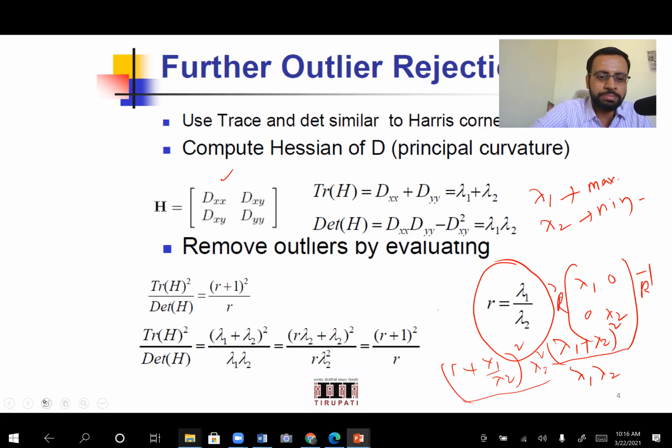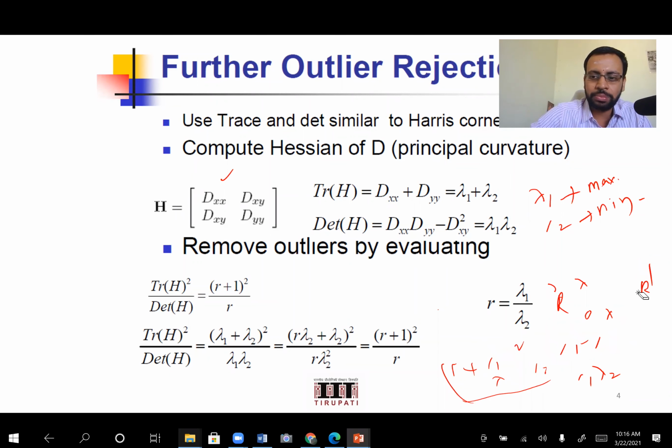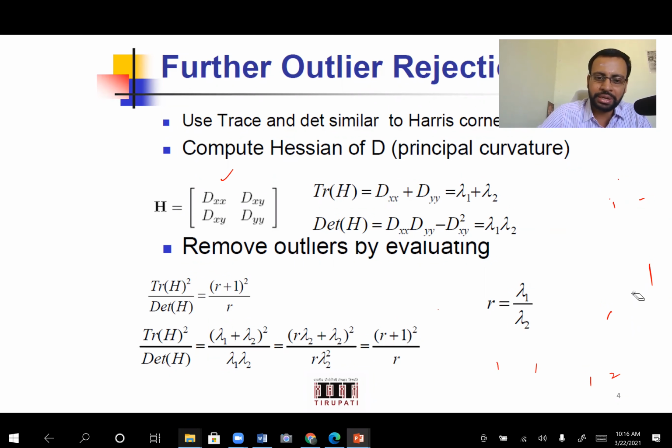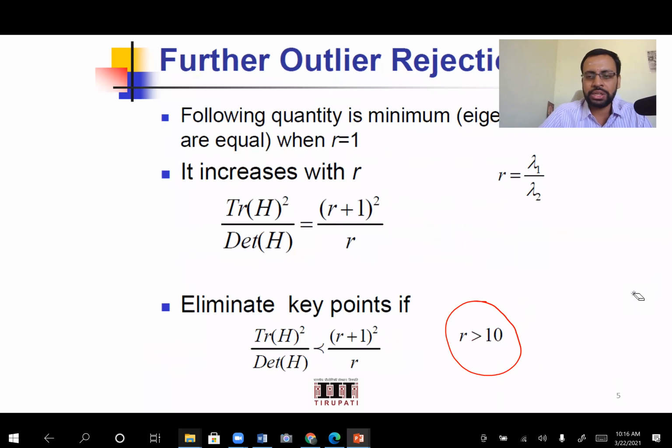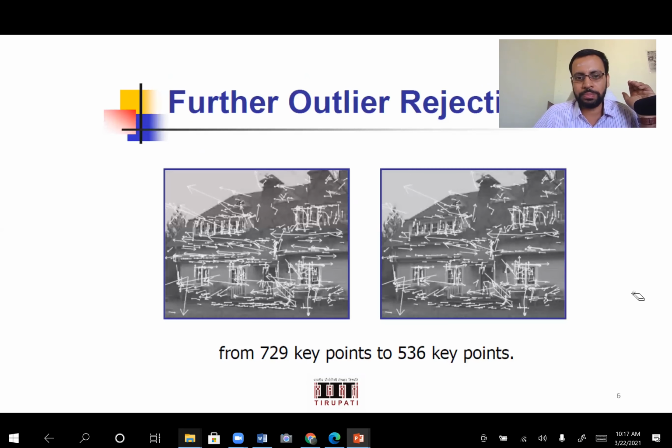And after doing simple math there, you would figure out that the optimum is when lambda1 and lambda2 are equal, which is equivalent to r having a value of 1. And if r is greater than 10, that means the ratio of lambda1 and lambda2 is very high, then you will not consider that as a key point anymore.